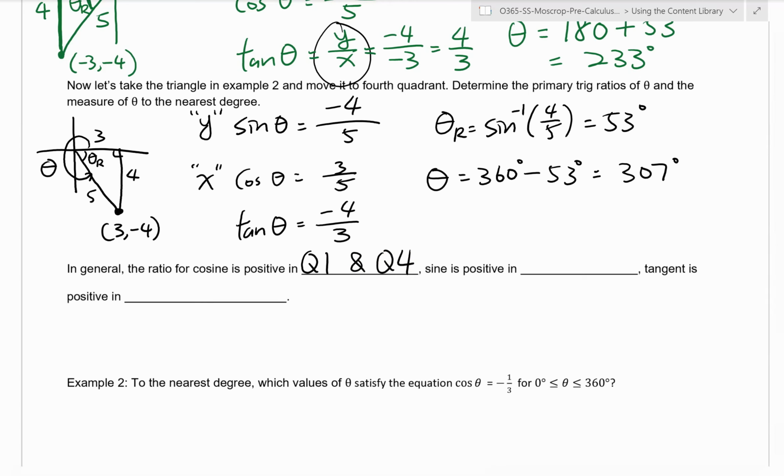Sine is related to y, so sine is positive in quadrant 1 and quadrant 2, right? Because all the y values are positive in quadrant 1 and quadrant 2.